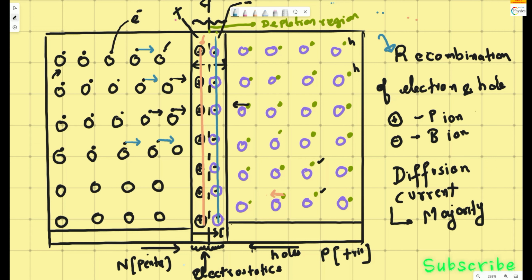So this is the electric field that has got created, E. And there is a potential difference from here to here, right? I hope you have studied the concept of potential gradient, right? You can see one of the videos on electrostatics.